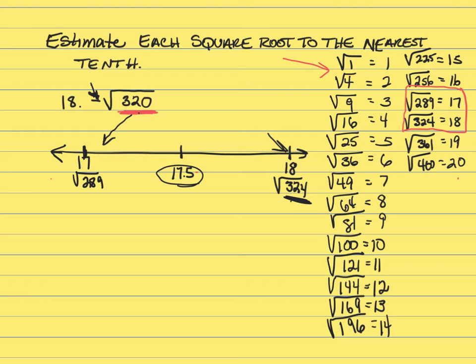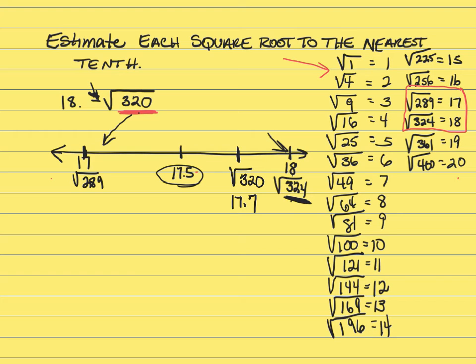I want to say maybe halfway between 17.5 and 18. Right? So if this is 17.5 and this is 18, halfway between that is going to be about maybe 17.7. It's just an estimate.